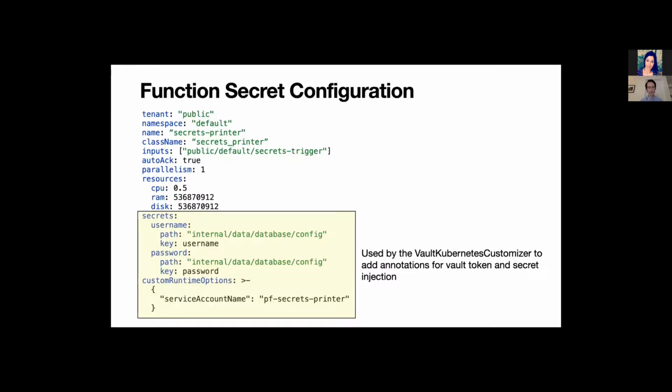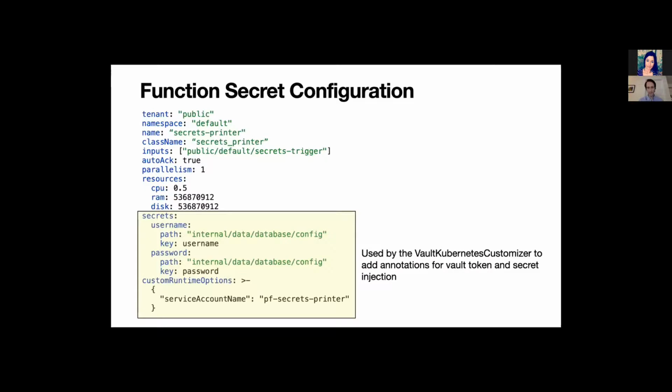In that secret section, the password and username are the names by which I would access the secret in the function API. A few slides back, there was a call, context get secret, with username. This is essentially calling into that.